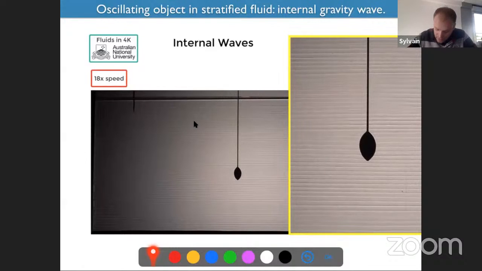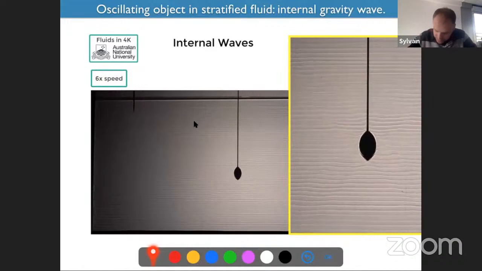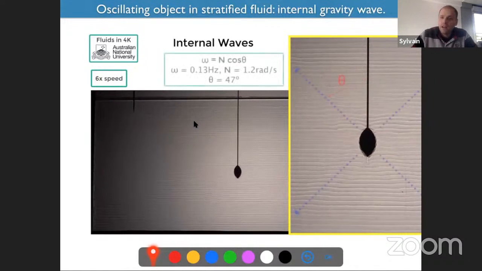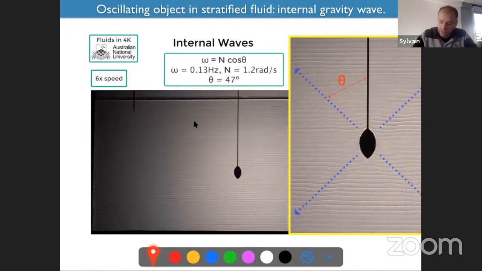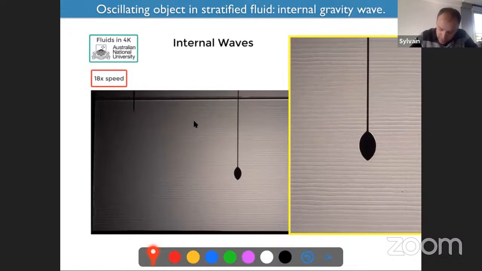You can then specify an angle theta for the propagation of this wave. And this angle theta is linked to the frequency omega and the stratification, which is quantified by the buoyancy frequency N.